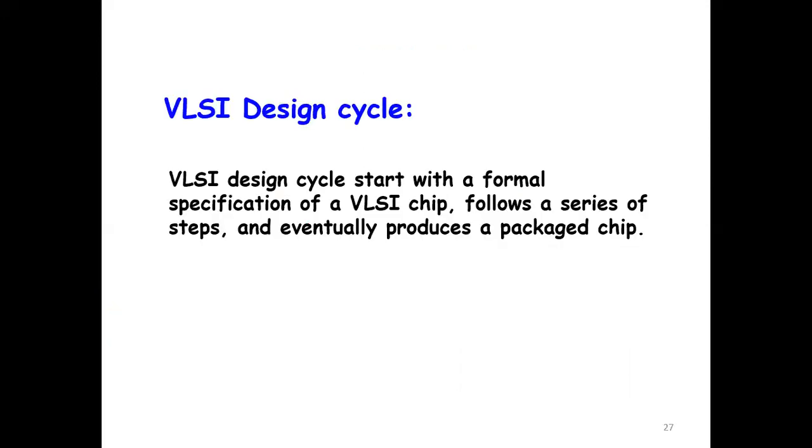Now we are moving to the VLSI design cycle. The VLSI design cycle starts with a formal specification of a VLSI chip, follows a series of steps, and eventually produces a packaged chip.